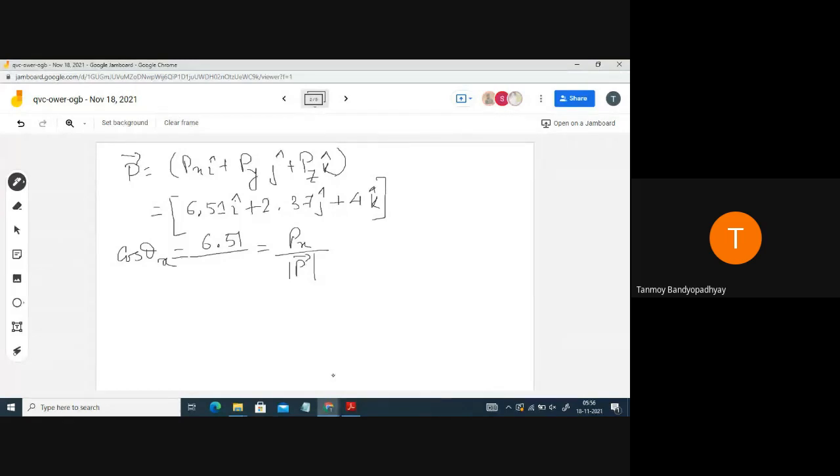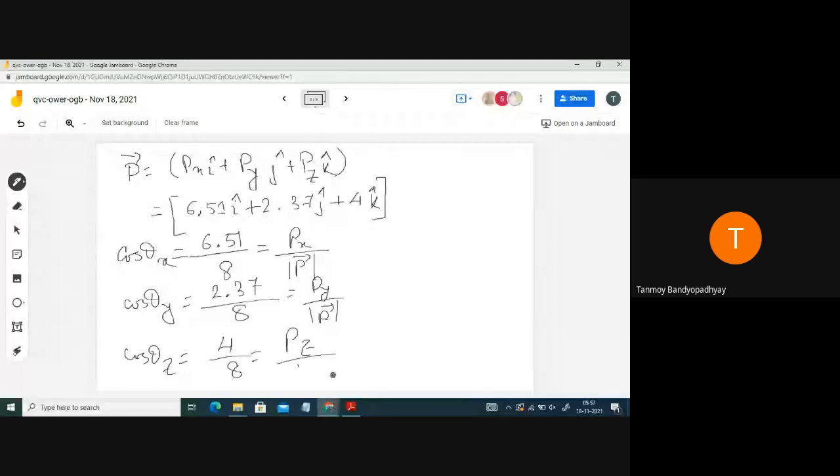Again cos theta y equals 2.37 divided by the magnitude of P, that is Py divided by the vector magnitude. And lastly cos theta z equals 4 divided by 8, that is Pz divided by vector P. From here you have to calculate the values of theta x, theta y, and theta z.